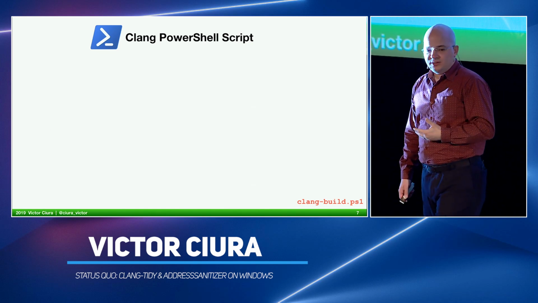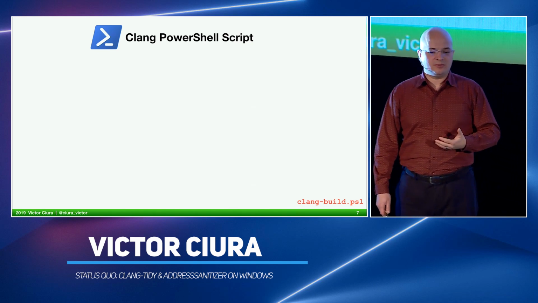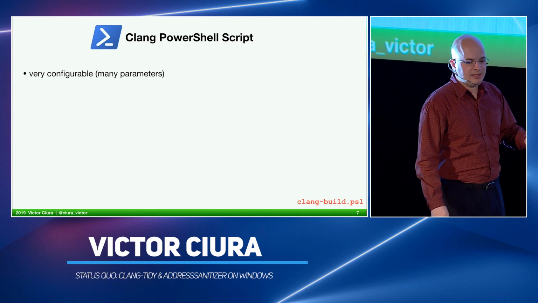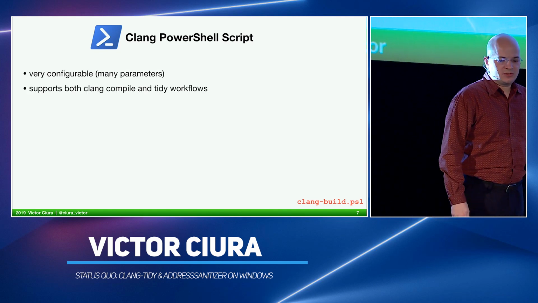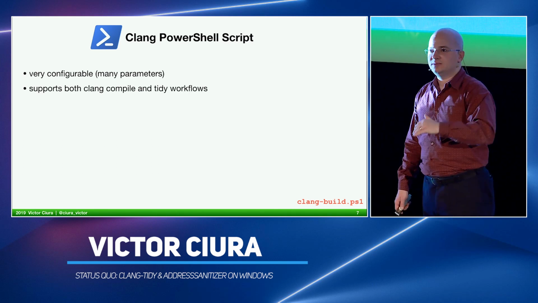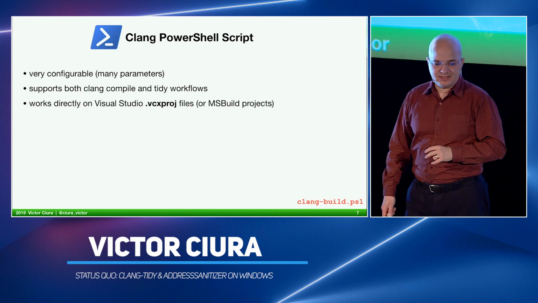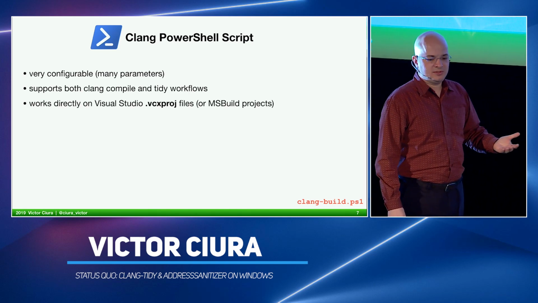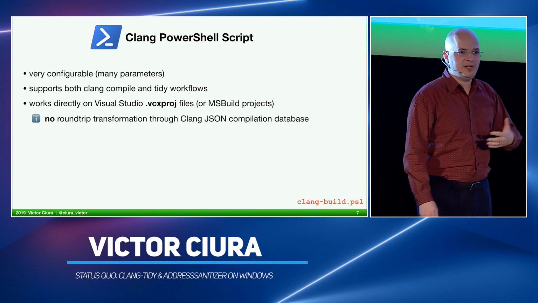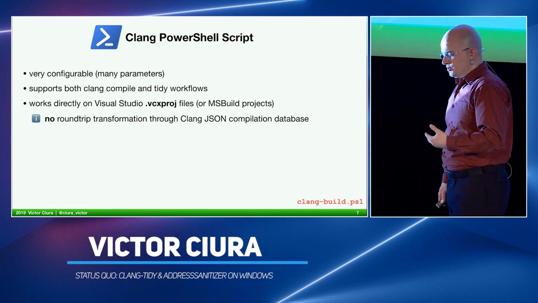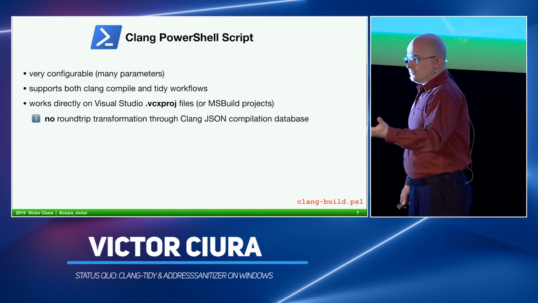Talking about automation, under the hood it comes with a PowerShell script that you can use. It's highly configurable. It supports Clang compile and tidy workflows for reporting and automatic code transformations. It works directly with Visual Studio MSBuild project types, so there's no need to round-trip information or to construct an intermediate JSON compilation database like the usual LLVM tools require.